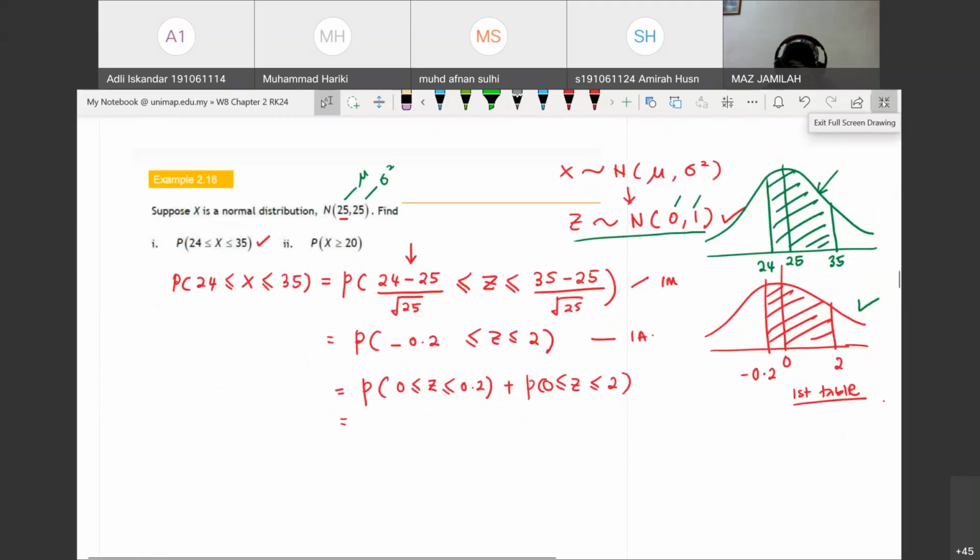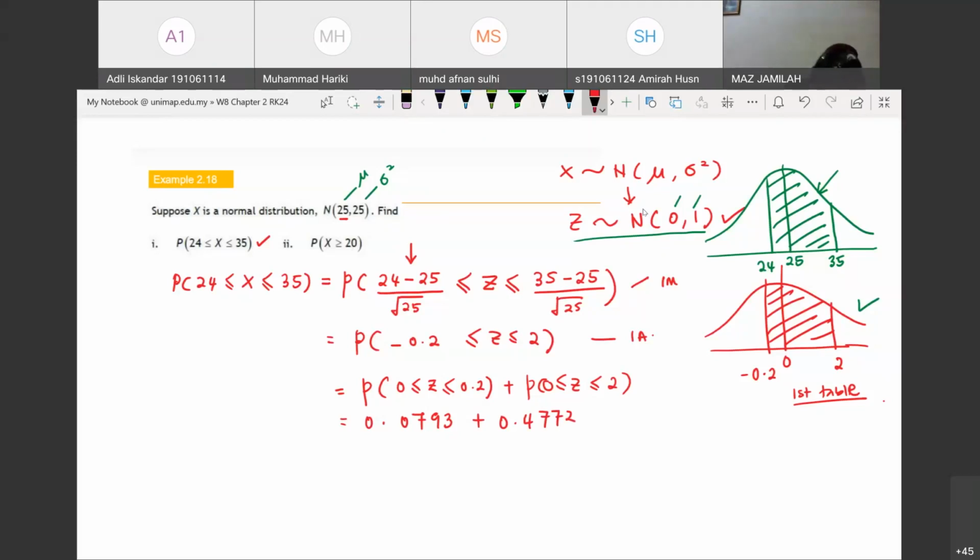If you look at your table, you will find 0.0793, and 0.4772. So you will get 0.5565. This will be the answer for the first one.